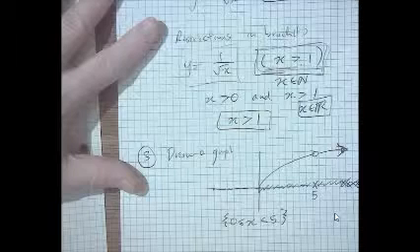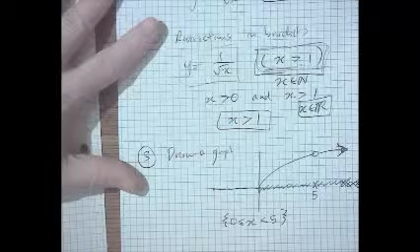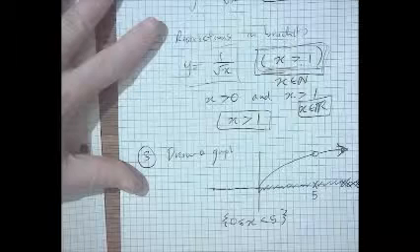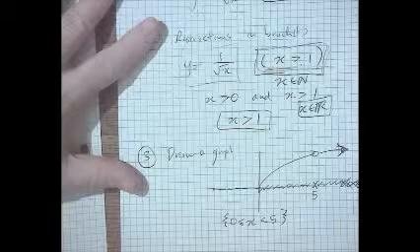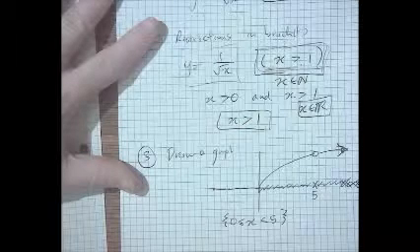And the fourth method is a funky little trick, which is that the domain of the inverse is the range of the original, and vice versa. This is supposed to be a quick little technique.